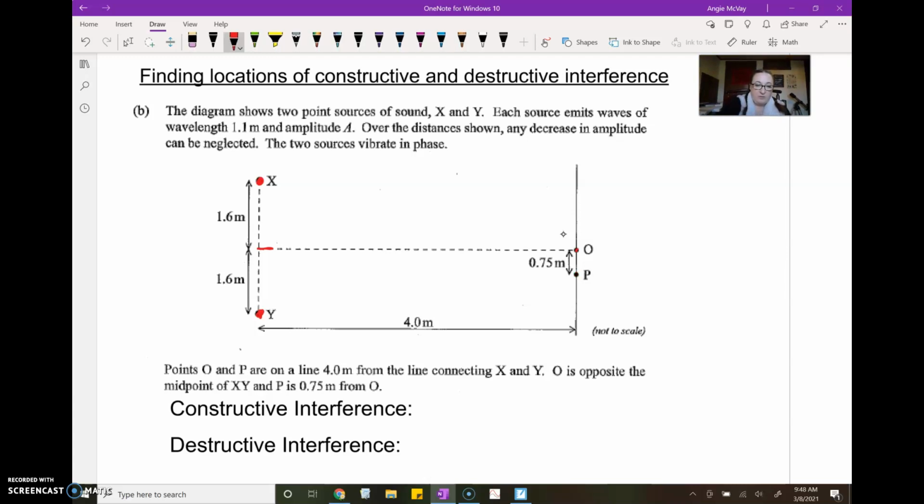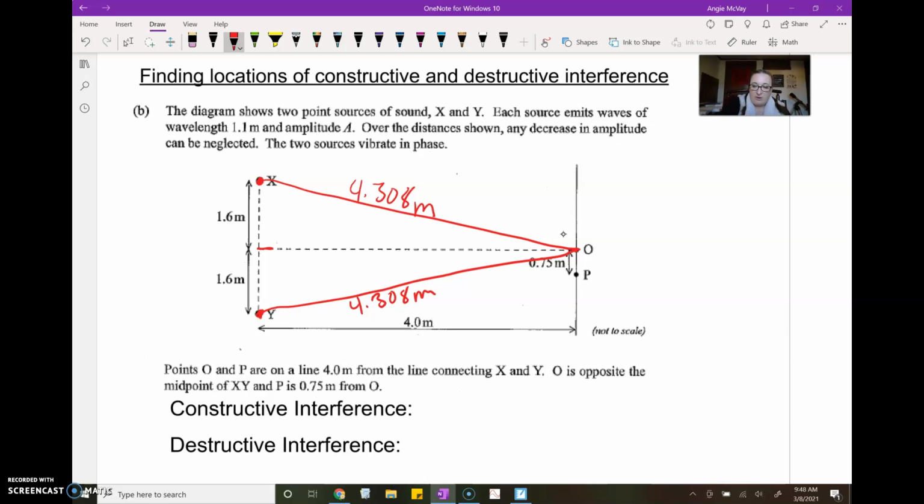Okay, let's look at point O. We use the Pythagorean theorem to figure out the length of the path that the wave travels from point Y to point O, and then from point X to point O. So the path length, in a straight line from the sound source to where the sound would be received, is 4.308 meters for both of them, because they're traveling the same distance. 4.308 meters.